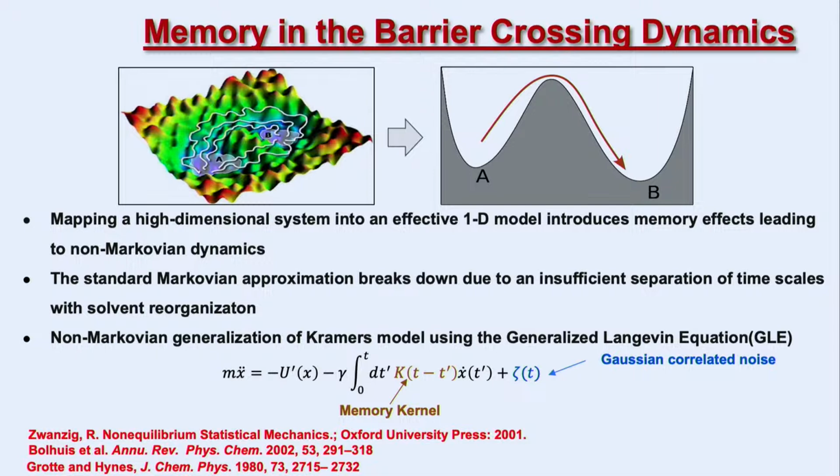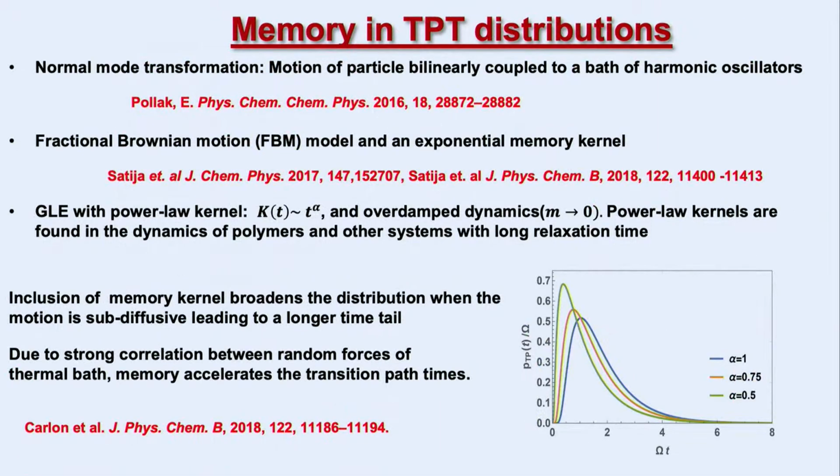So, there have been different other ways of treating memory in these kinds of measurements of transit path distributions. For example, Pollak and co-workers have used a normal mode analysis where the particle is considered to be bilinearly coupled to a bath of harmonic oscillators.